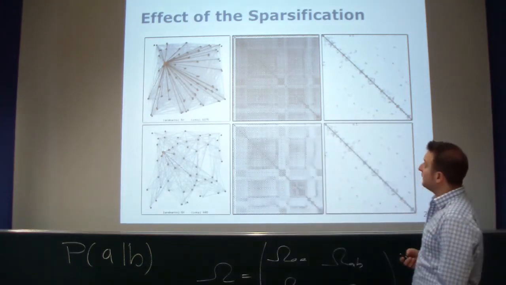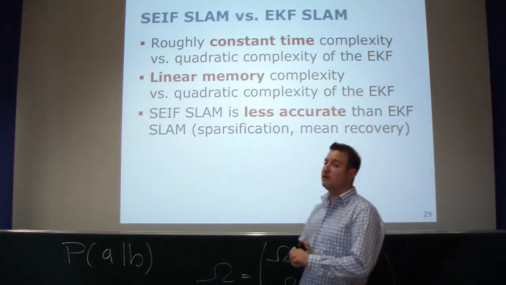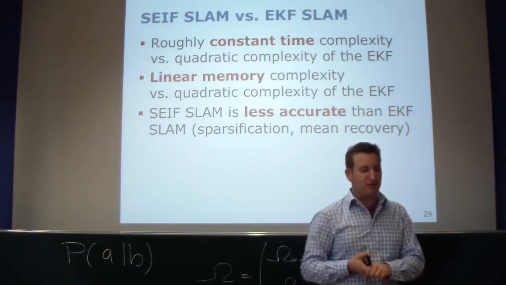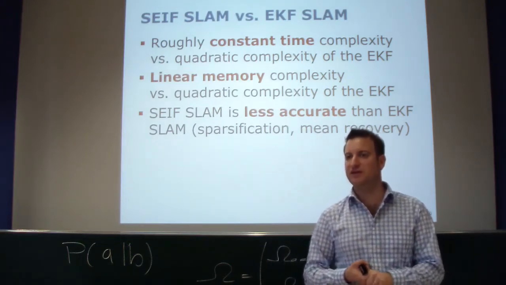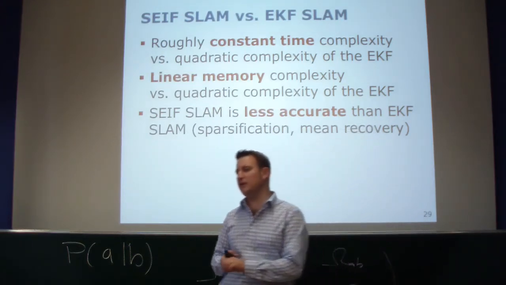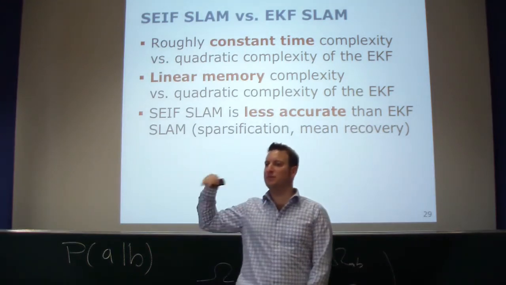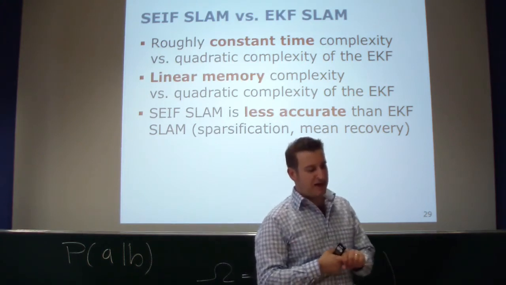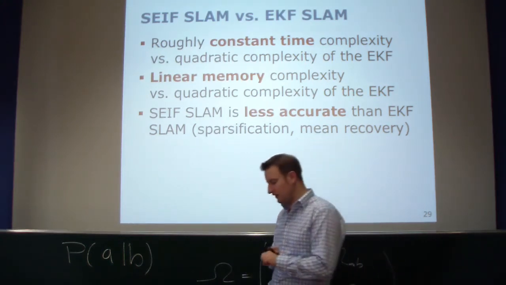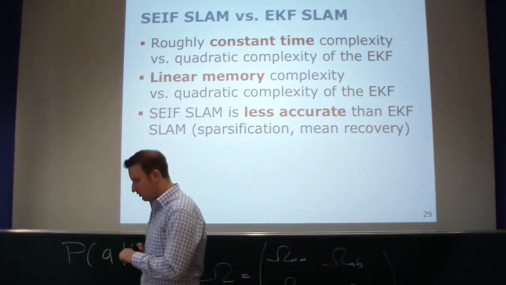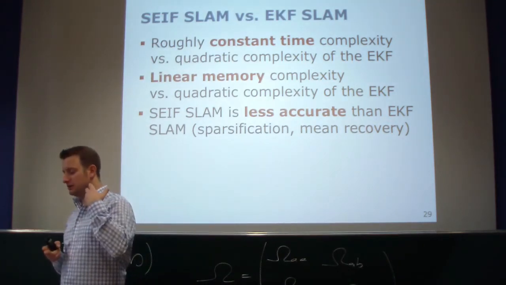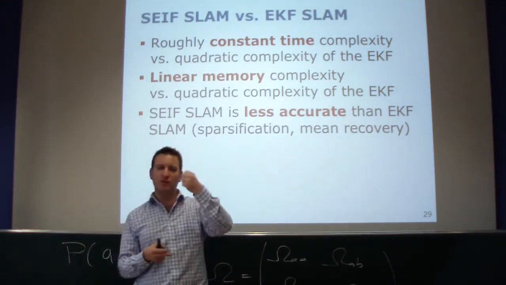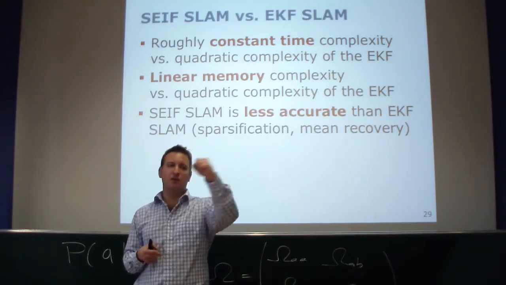The key advantage of this SEIF is that it has roughly, or approximately, constant time complexity. I say roughly because you have the approximation of the mean, which is simply aborted at some point in time. The other reason, which I haven't talked about here, is finding the correspondence: which landmark I see is which landmark in the map.